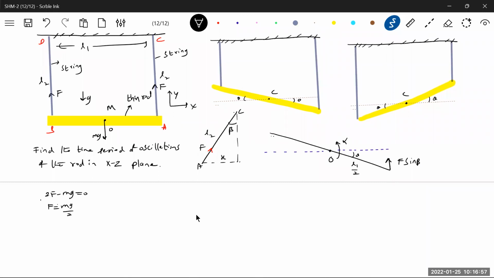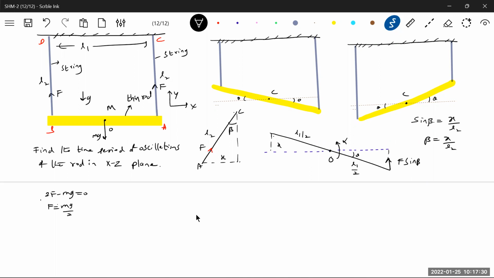How to write the torque equations? First, shall we equate some things here? Looking at this one, this distance should be equal to x. The relation between theta and beta: from the first equation, x equals L2 sine beta, and beta is very small.